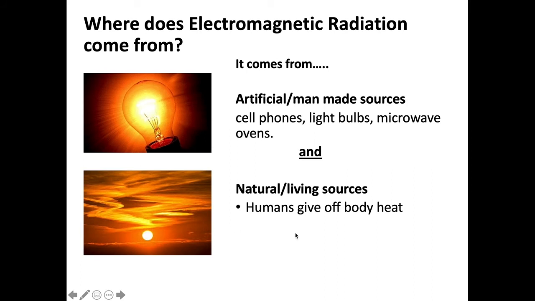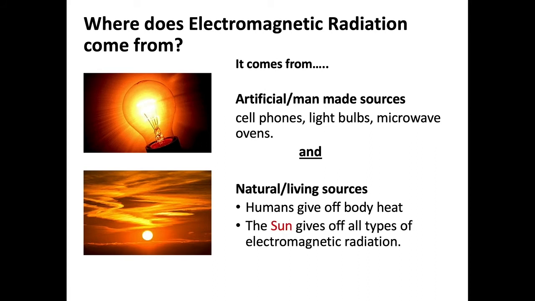Stars, the sun, plants, dogs, animals would all fit under this. They all give out certain forms of electromagnetic radiation, but there's also artificial things that we've created that do. The sun, funny enough, gives off all of those 7 types of electromagnetic radiation, as do many things in space.